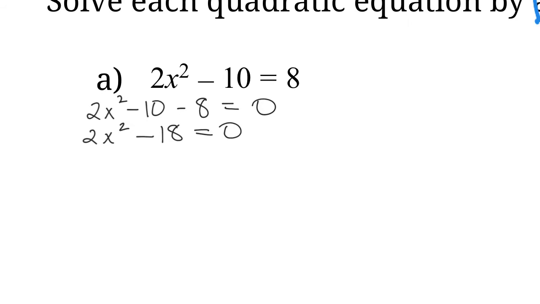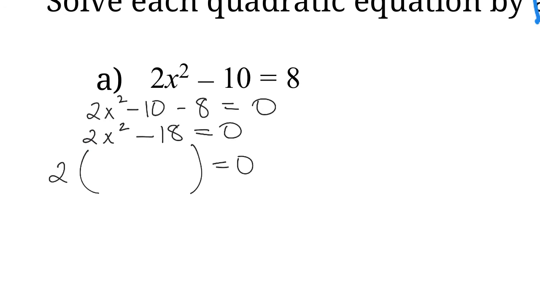Can we pull out a common factor in order to make it a little bit simpler? And the answer to that is yes, there is a common factor of 2 between 2x squared and 18. So I'm going to pull out the 2. And then from each term, I'm going to divide out by 2.